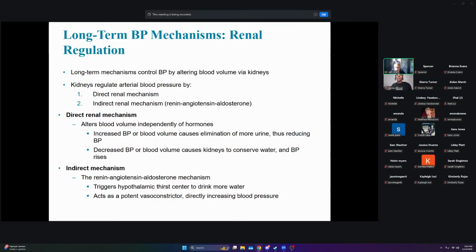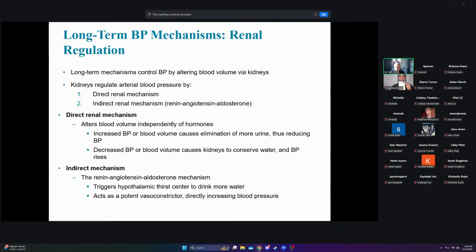Okay, we're sweating. What's the first thing that happens on a hot day or just even on a cold day if you're exercising? You get thirsty, right? Well, that is the release of hormones from the kidney that are going to trigger your hypothalamus in your midbrain to send a signal to your cerebrum to make you realize and can create the sensation of being thirsty.